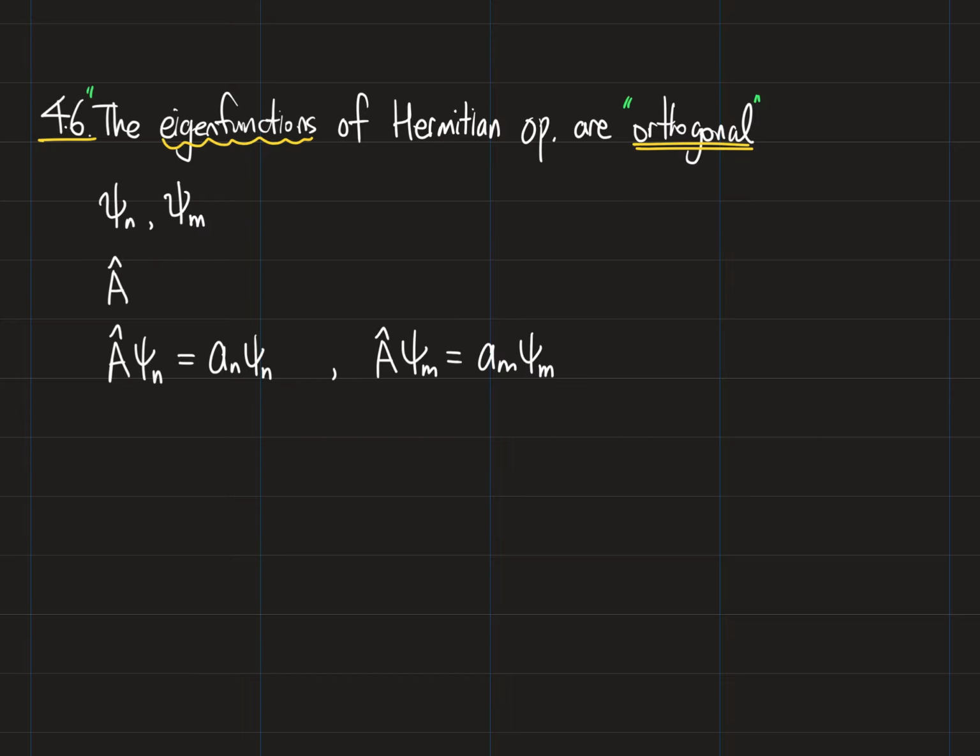First, let's take a look at the left-hand side, this left-hand equation. Multiply this equation by psi m star, the complex conjugate of psi m, and we are going to take the integral for both sides.